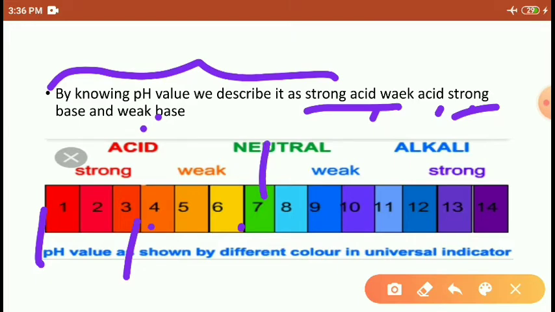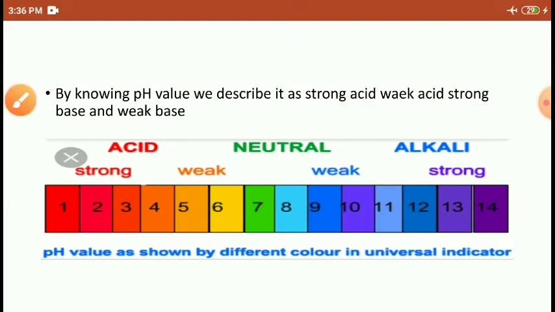From 7.1 to 10, weak base. 10.1 to 14, strong base. Right, students? So with the help of color we identify whether it is a strong acid or weak acid, strong base or weak base.